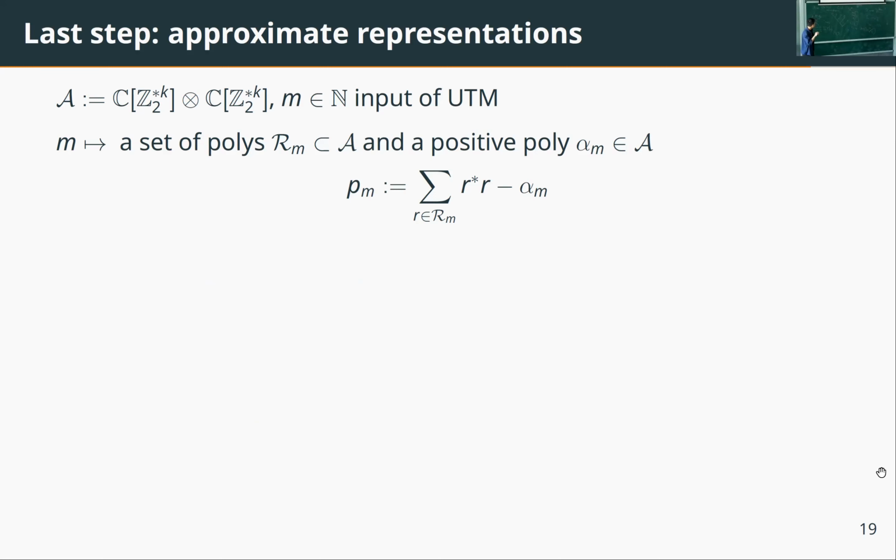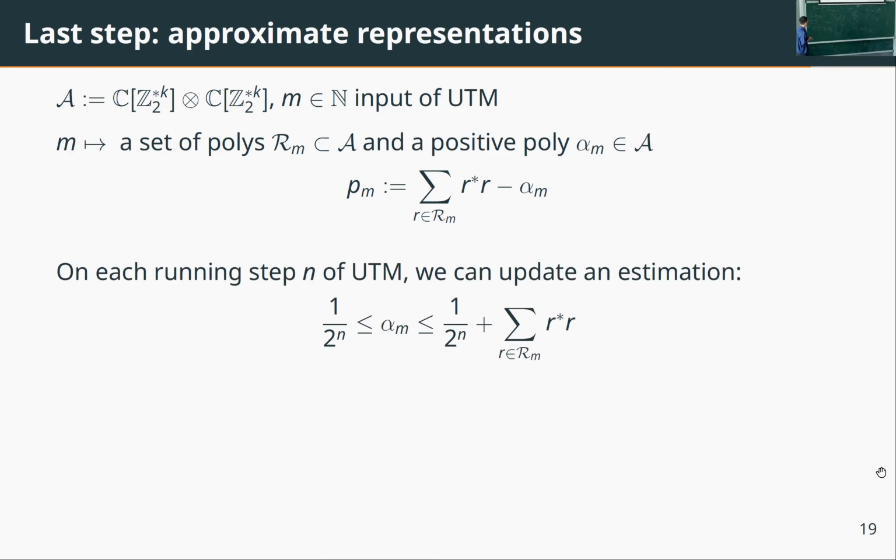We can find a computable map that sends any input M to a set of polynomials R_M in this star algebra, and a positive polynomial alpha_M in this algebra. Our P_M will look like the sum of Hermitian squares of polynomials in R_M minus this positive term. So it is essentially a positive term minus a positive term.